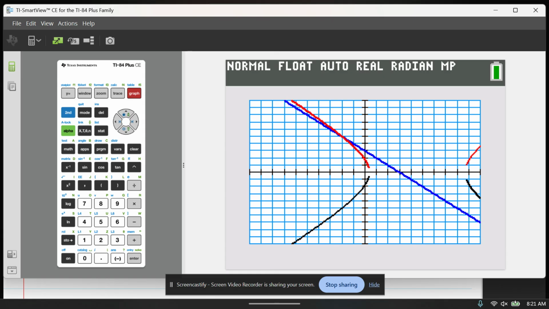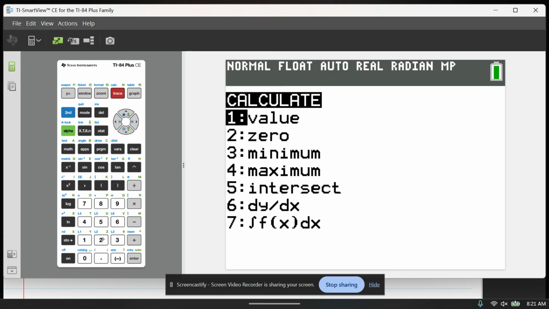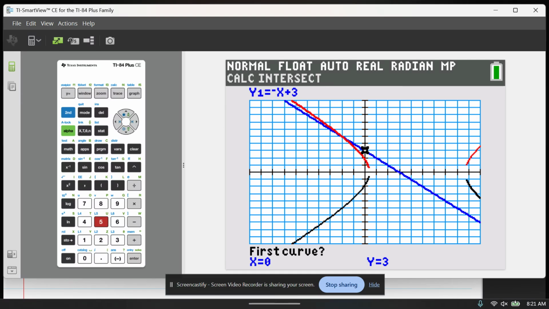That's the second one. So when I go to do my second intersect or second trace and intersect, first curve is going to be the line. Hit enter. Second curve, I got to make sure I'm on the piece that it's crossing. Okay, so I'm on that piece. And then for the guess, I'm going to move over here closer to where it's crossing.